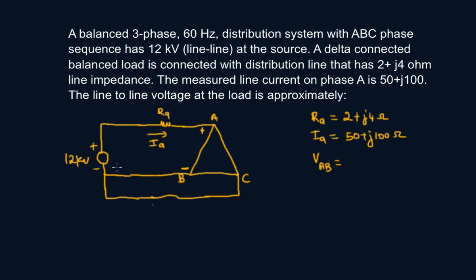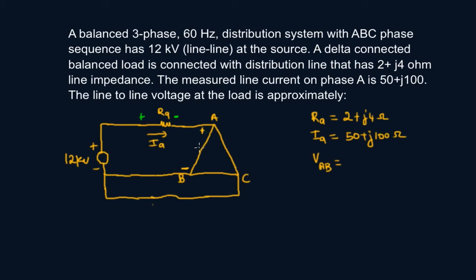So from here, let me use a different color. Let's use green. All right, so here is just a simple phase circuit. It's just a simple circuit analysis. You have a voltage, and here also you have a voltage because V equals IR, right? And you were asked for another voltage over here.